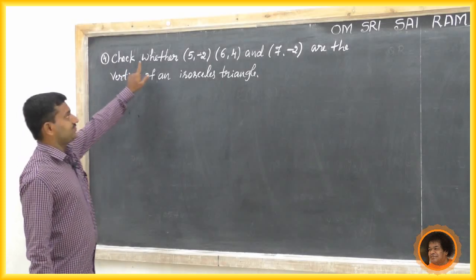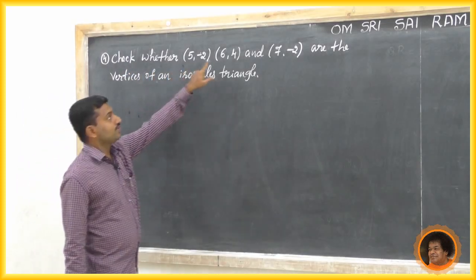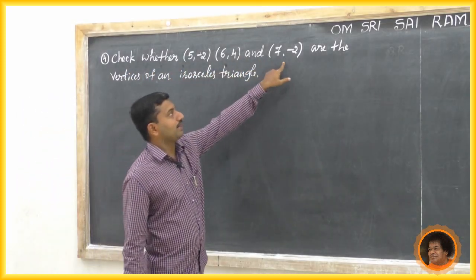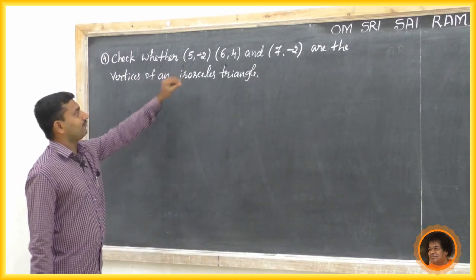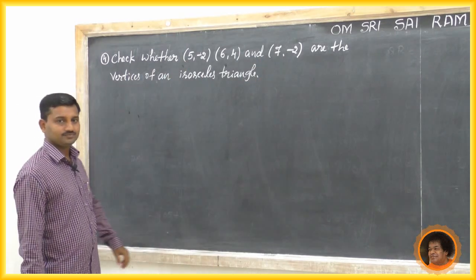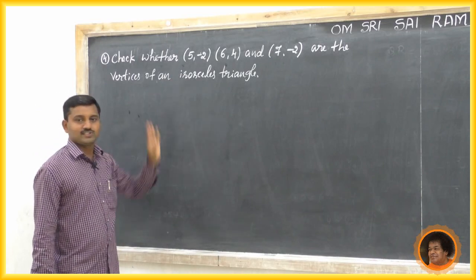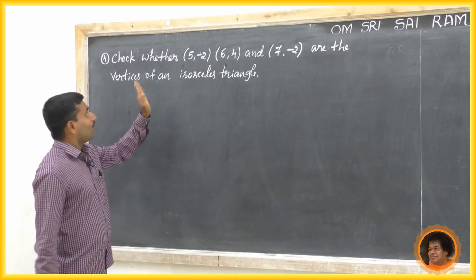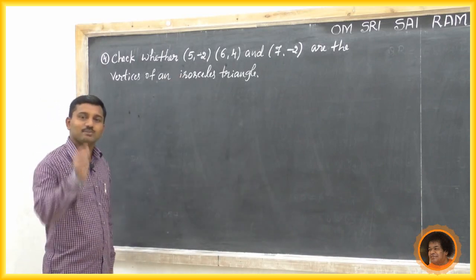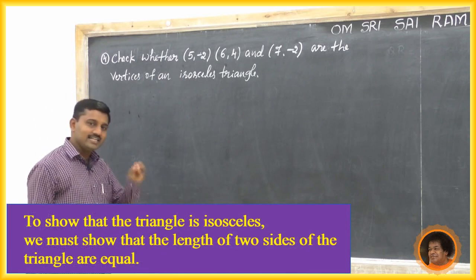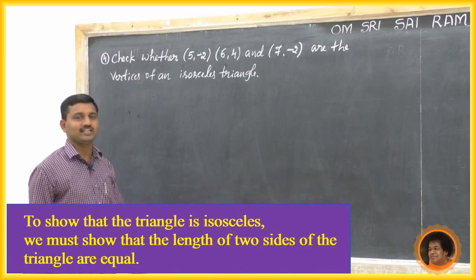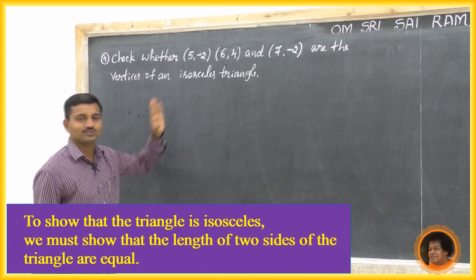Next example: check whether 5, minus 2, 6, 4 and 7, minus 2 are the vertices of an isosceles triangle. Understand the question correctly. Are the vertices of an isosceles triangle? What is the meaning of isosceles triangle? In a triangle, if two sides are equal, then it is known as an isosceles triangle.